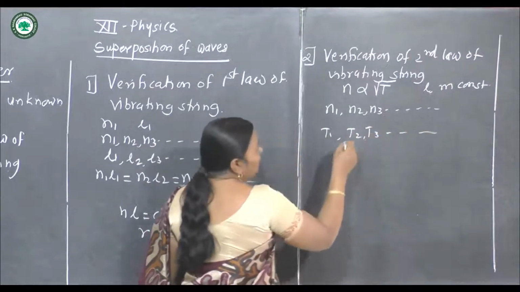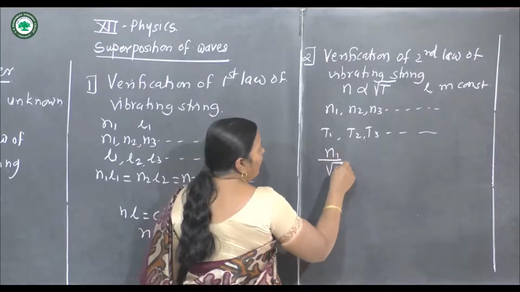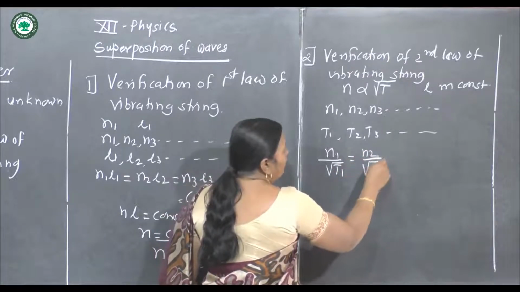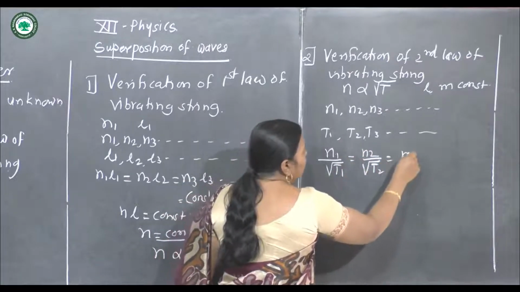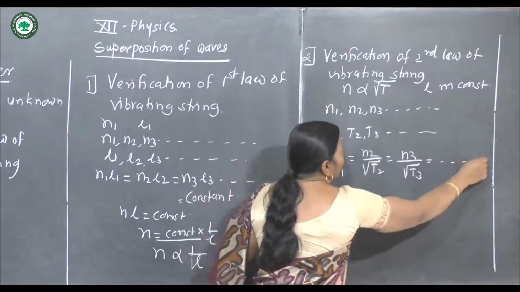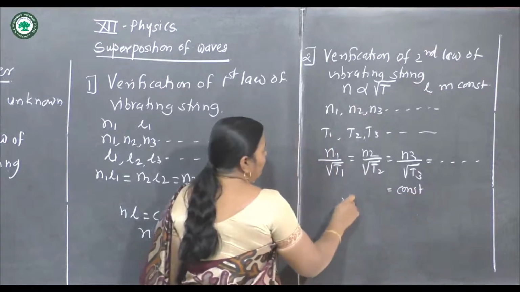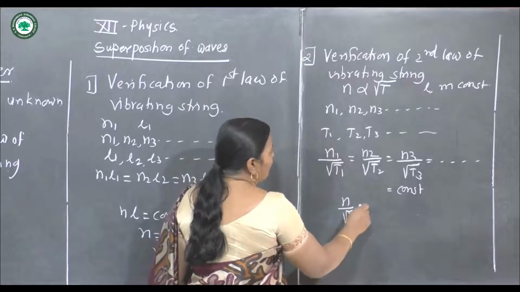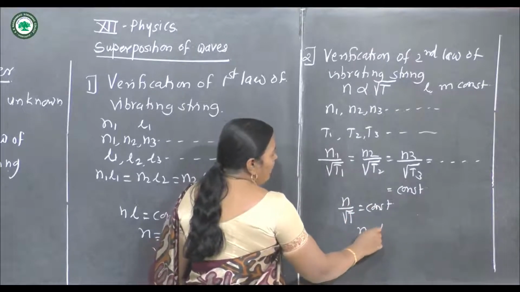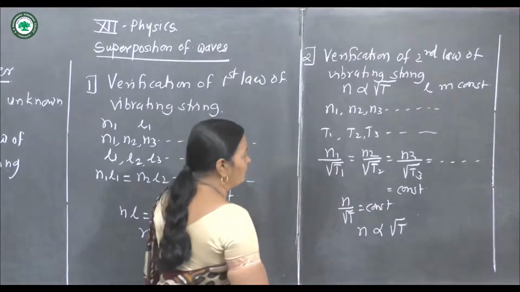Then we find the factor N1 divided by root T1 is equal to N2 divided by root T2 is equal to N3 divided by root T3 is equal to constant. Therefore, N divided by root T is equal to constant. Thus, N is directly proportional to root T.